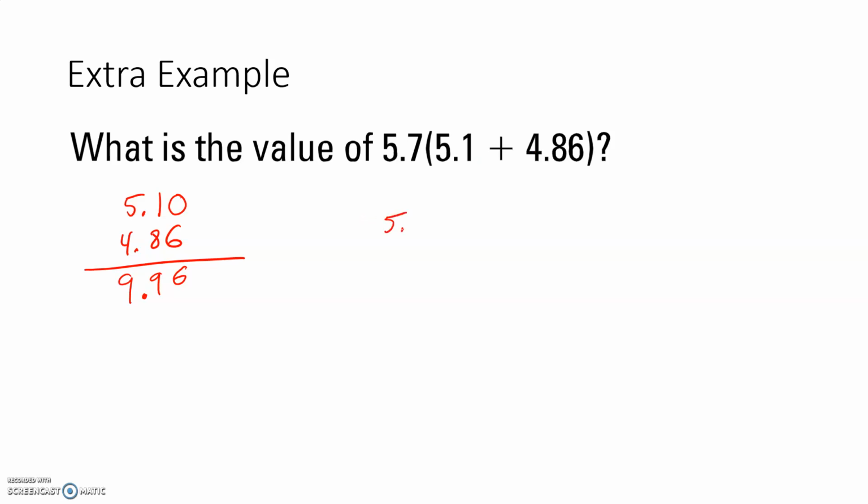Step 2, I need to multiply 5 and 7 tenths times 9 and 96 hundredths. And that's going to be 42. 7 times 9 is 63. 63 plus the 4, so it's 7. 9 times 9 is 63 again, plus the 6, 63, 69.